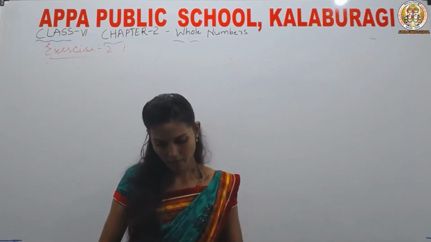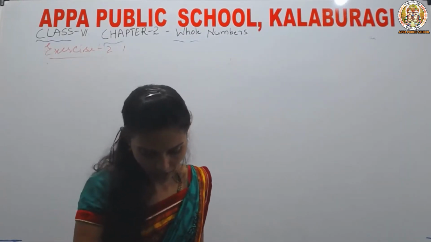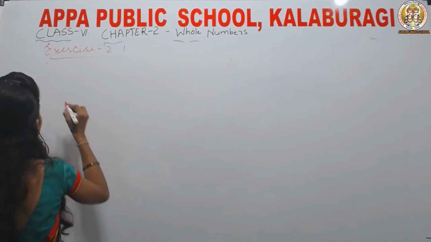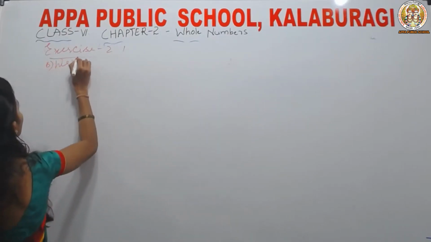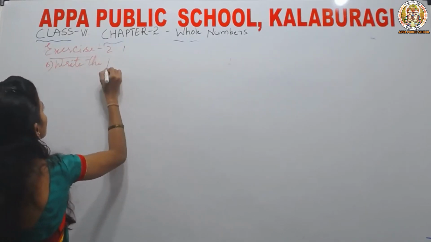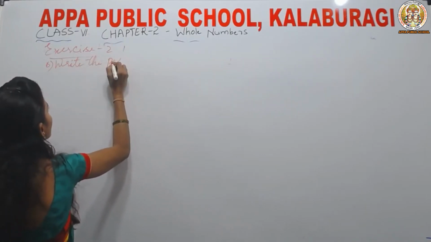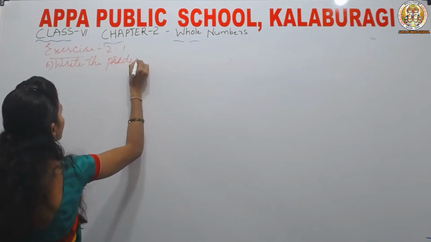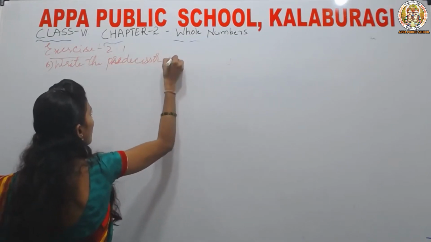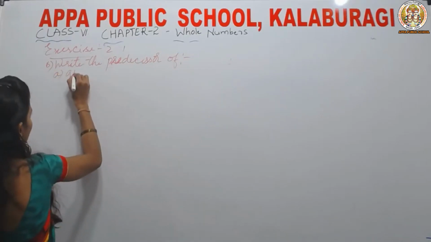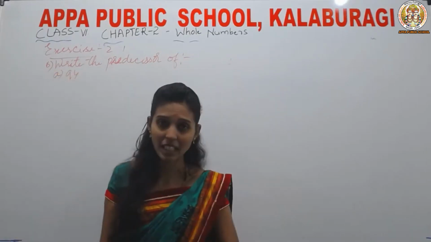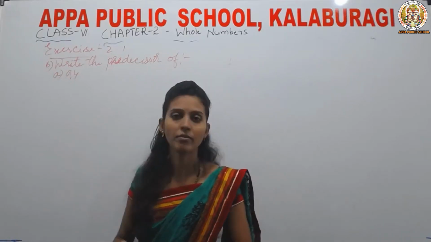So, next bit is, write the predecessor of 894, the given number. Subtract 1 from 94.